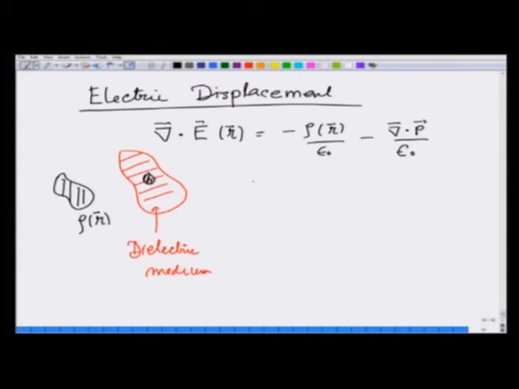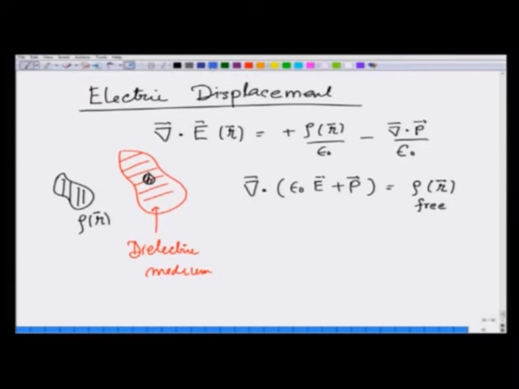I can rewrite this equation as divergence of epsilon 0 E plus P is equal to rho of r. And this, to distinguish it from the bound charges arising out of polarization, I am going to call rho free.